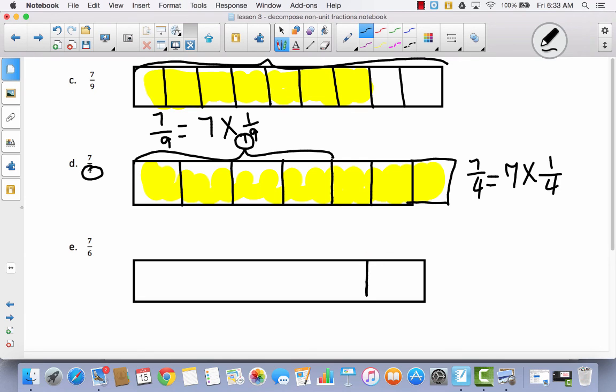So I'm going to make it about right down here. And I'm going to label this 1 whole. And I have to divide this into 6 parts. So I'm going to start by dividing this in half. And then I'm going to divide each half into thirds. So now I have 1, 2, 3, 4, 5, 6, 6, and then here's my 7/6. It's a little bit bigger, but that's okay. All right, so I'm going to go ahead and highlight 7 out of 6.